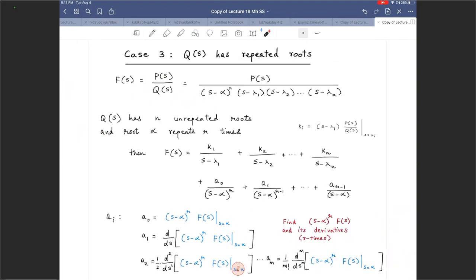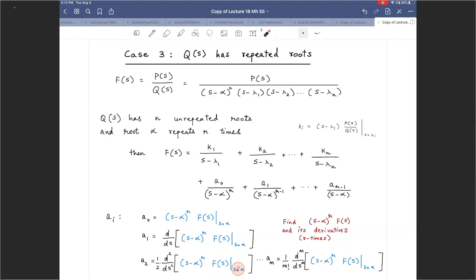Next is Q of s has repeated roots. So here there are many roots. Let's try to take a look at which ones are repeated and which ones are unique. So f of s is written as p of s divided by capital Q of s. You have a polynomial in the numerator, p of s. I'm just going to assume that the order of p of s is less than the order of the denominator. Actually, the order of the denominator is r plus n.